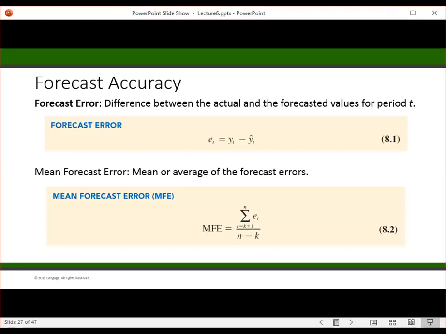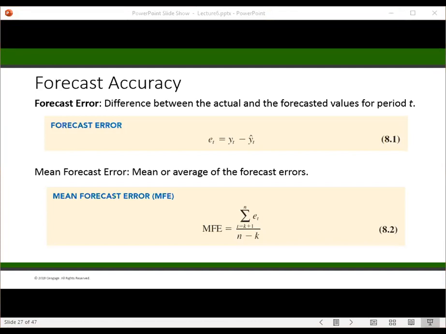So we have our forecast error is equal to y, our actual y value, minus y hat, or the predicted value for that particular time period. And then the mean forecast error is going to be the sum of all those errors divided by n, the number of observations, and then k, which is the actual number of values it takes to make the estimate.